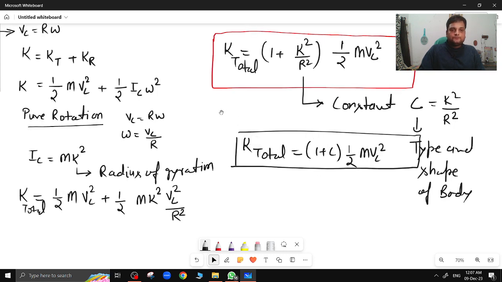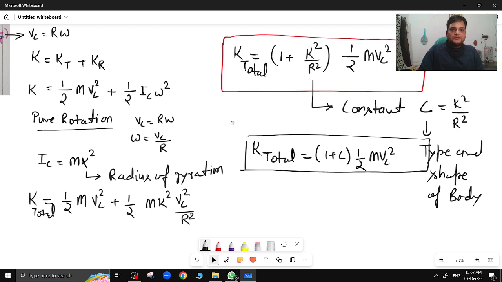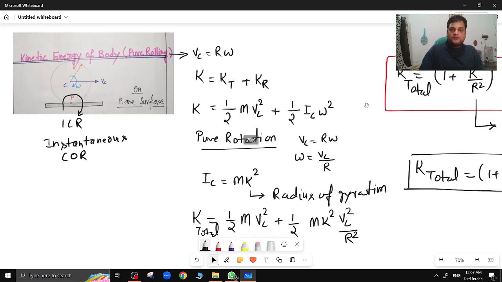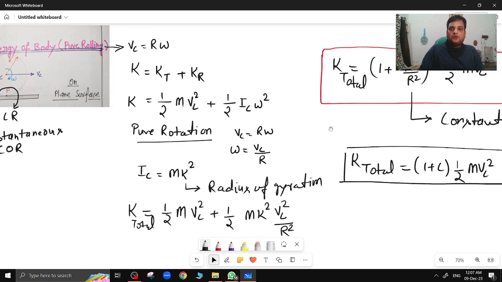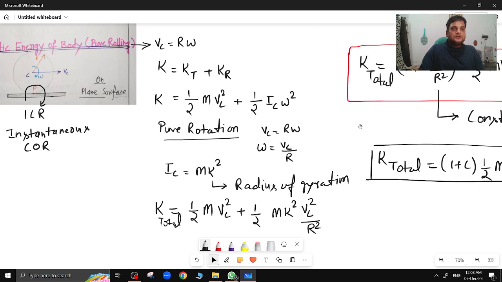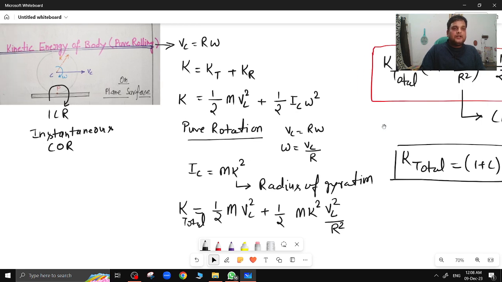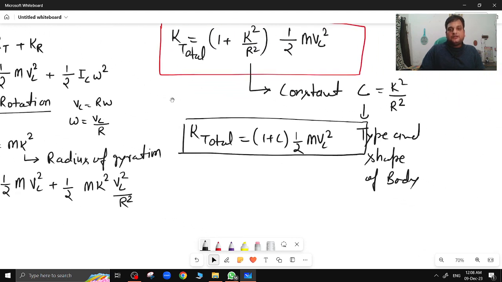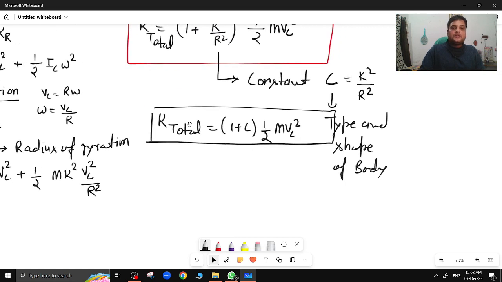Okay, so just look at the board once again, where we started. This was some spherical body rotating on a plane surface, and for this body we have calculated the total kinetic energy. The final formula of the energy is K total is equal to 1 plus C into half m Vc square. Try to note down this formula.